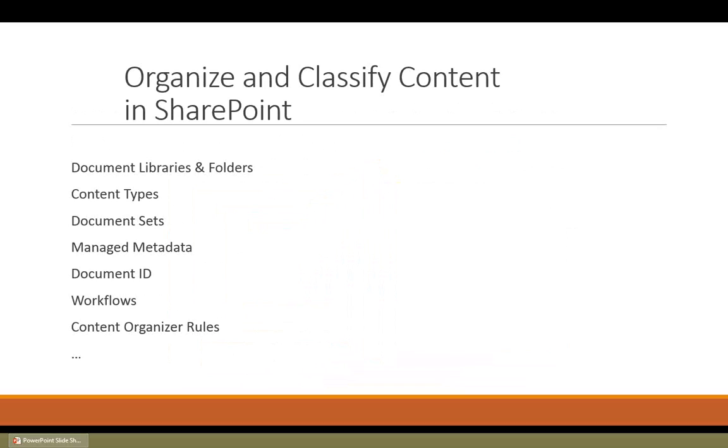You can change the document's properties, you can change the document permissions, or you can move the document into a different library if it's required. So it can help your information architecture too, as well as content organizer rules that are used for moving the document to its final location based on its properties. I will show you how it really works.